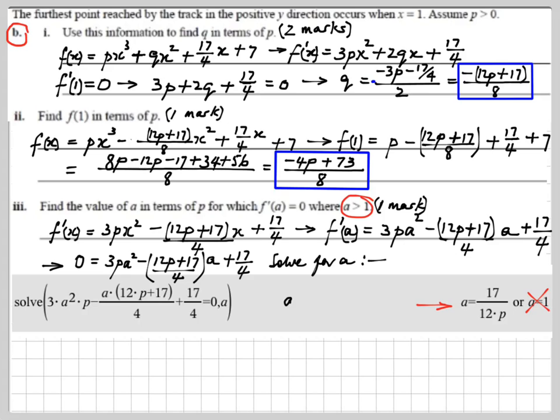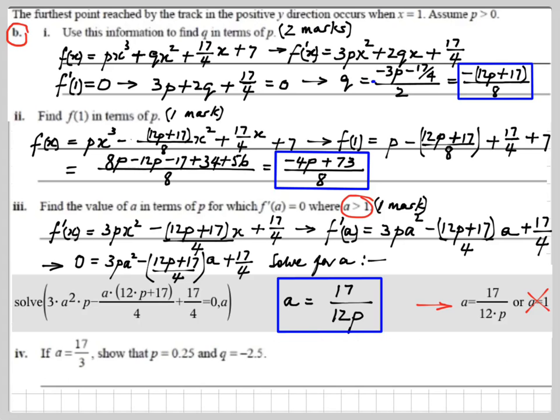So now we're done, guys. We've got it. a is 17 over 12p. Thank you, Mr. Box. We got another mark. So that, to me, is the x-coordinate of the local minimum at E. See how I'm trying to build up a picture of what they might ask me next? It all interconnects.